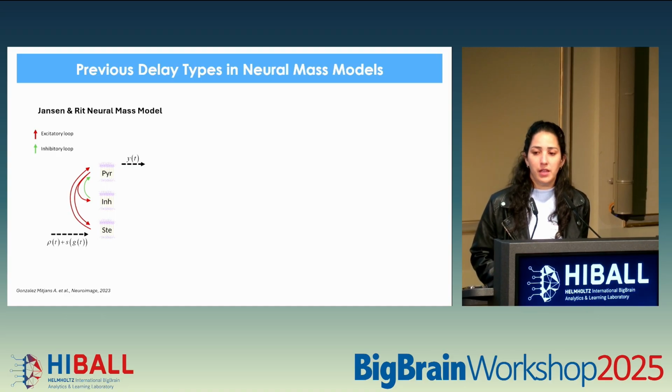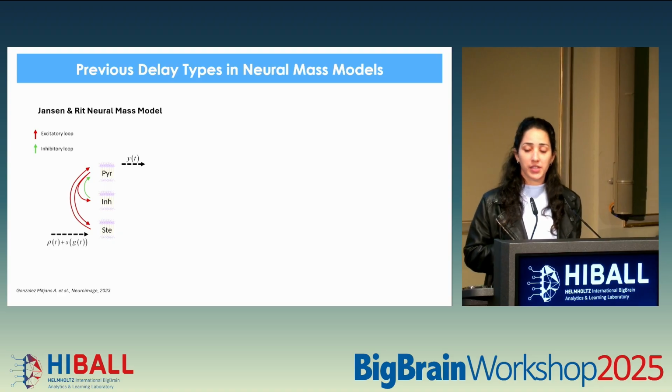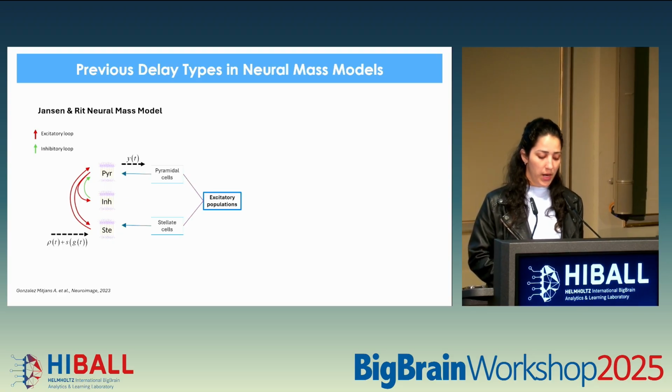In this study, we follow the Jansen and Rit neural mass model formulation, which contains 3 neural masses, 2 excitatory and 1 inhibitory neural mass.